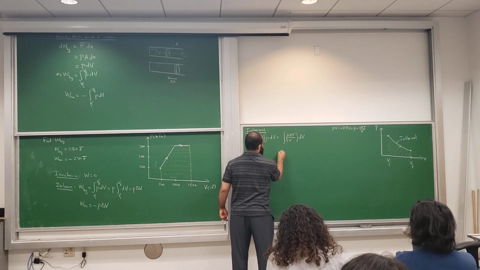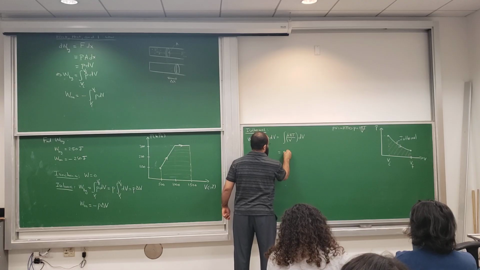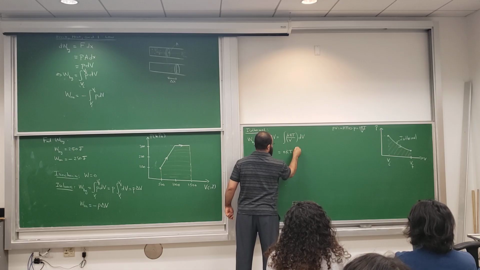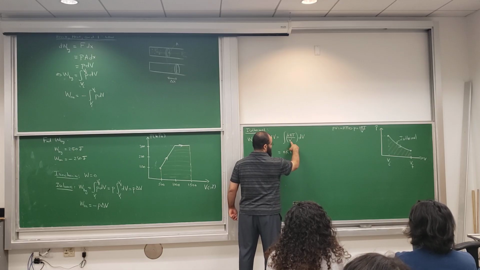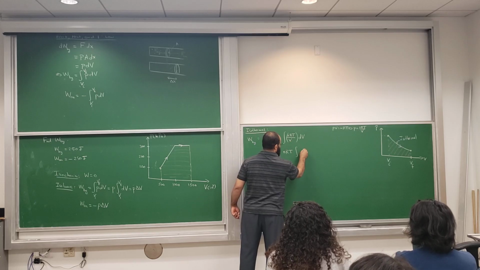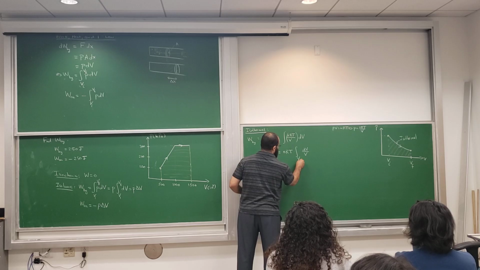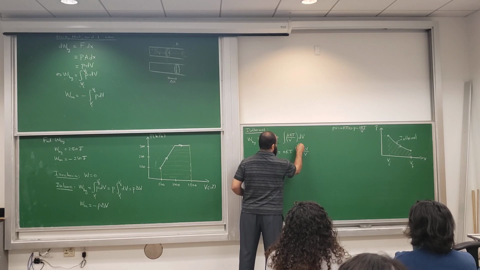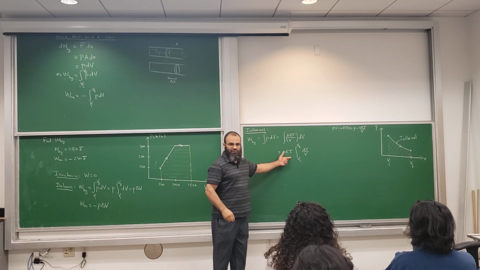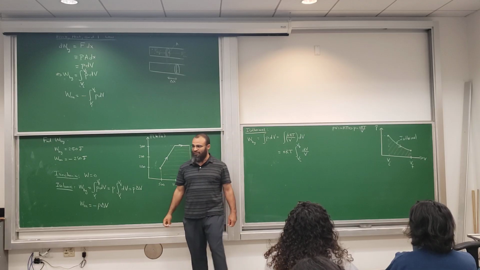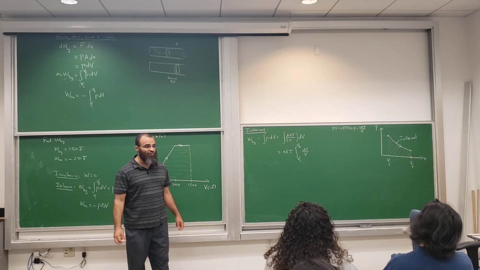So you get this. Now, n, R, T you can pull out. The integral of dV over V, V is not constant. Now I put my limits, integration from initial to final. You see why T is pulled out again? Because it's isothermal.